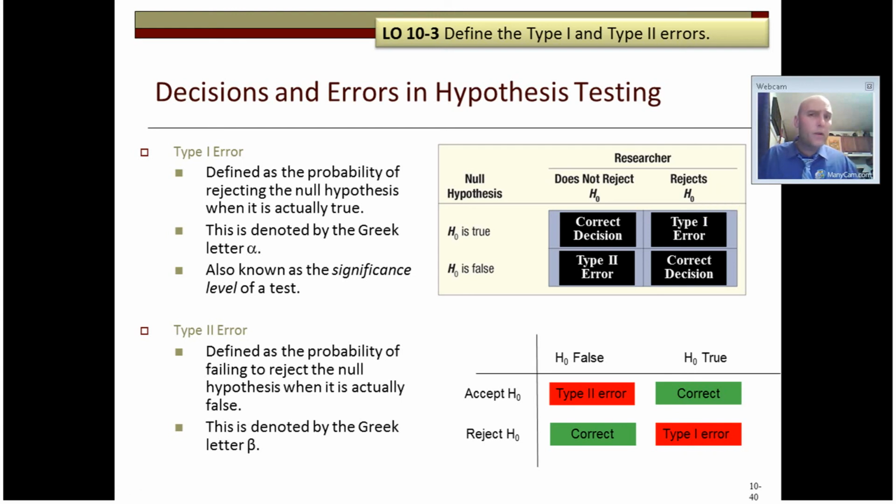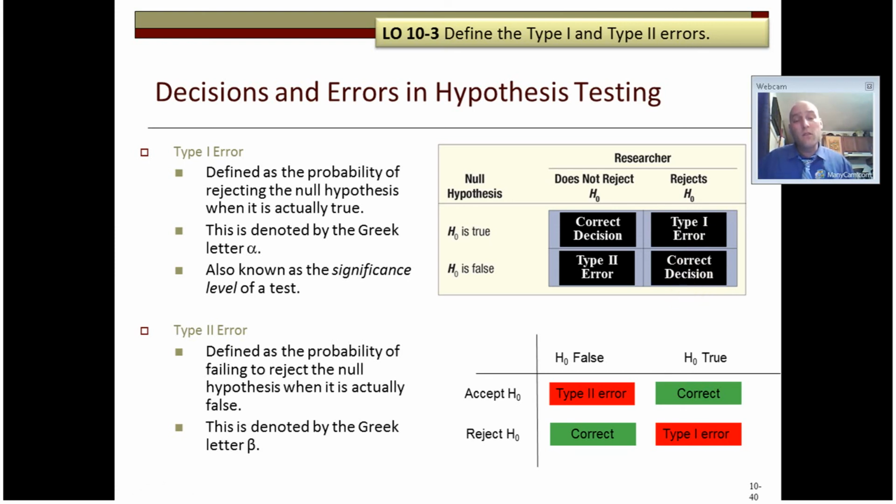Is it real important that I have a small alpha so I'm not likely to be arrogantly rejecting nulls that I shouldn't be? A type 2 error, also denoted beta, is when you should be rejecting the null, but you're not.